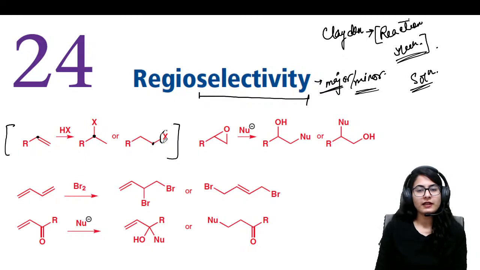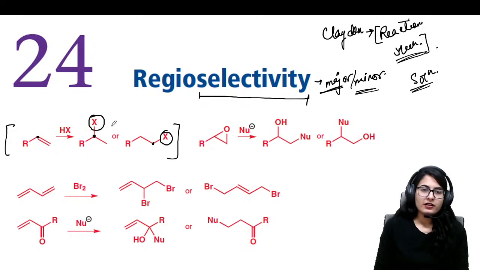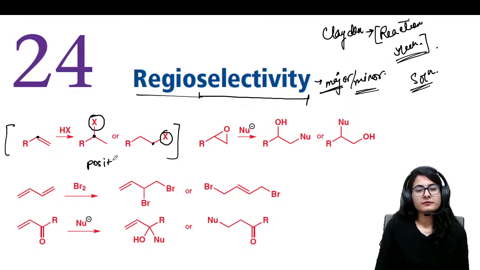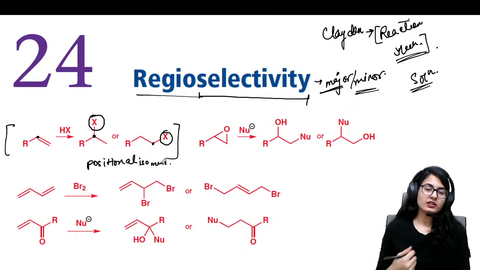Where is the position of X? Acha, tell me one thing, what does regioselectivity give you? Does that give you positional isomers as products? Yes or no? Because of regioselectivity, that is the selection of the region where the X and the H go, that will give you positional isomers. Just like stereoselectivity will give you either diastereomer or enantiomer, regioselectivity will give you positional isomers.